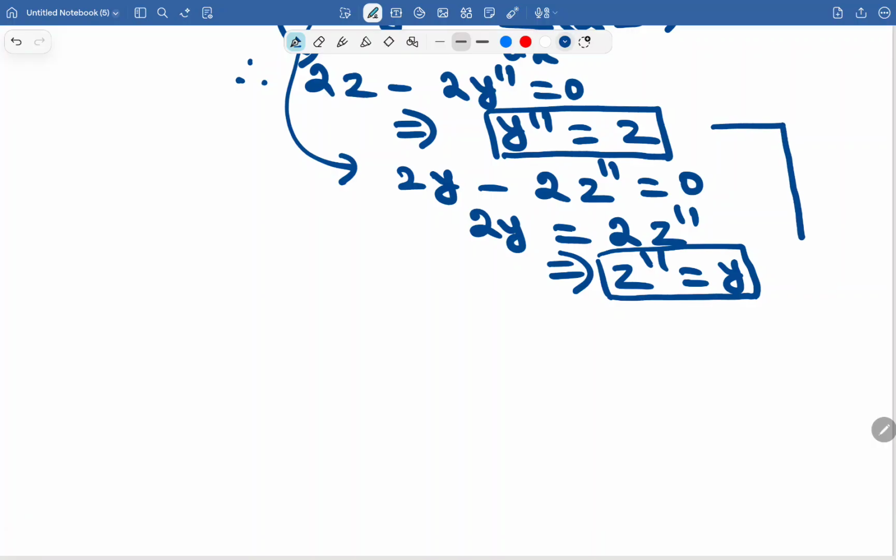From these two, we have two equations: y double dash equal to z and z double dash equal to y.